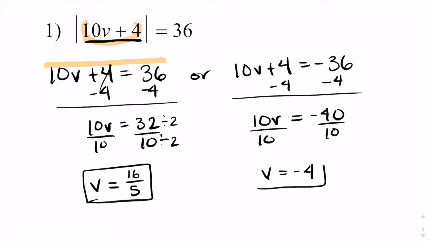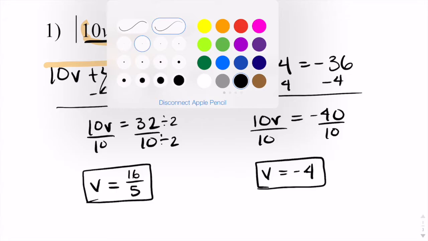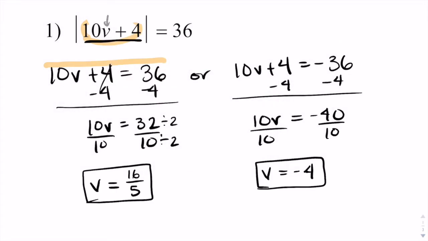So these are the two possible values that we can plug in for v. If I plug in 16 divided by 5 for the variable, I get that all of this is equal to positive 36, and the absolute value of positive 36 is 36.